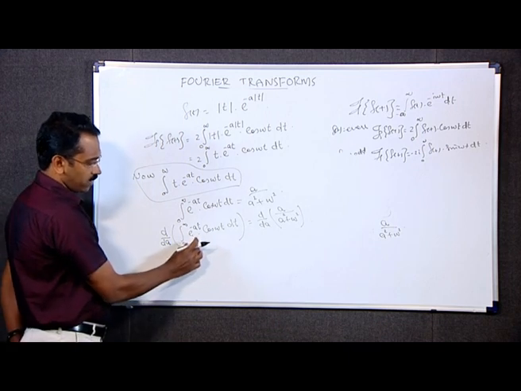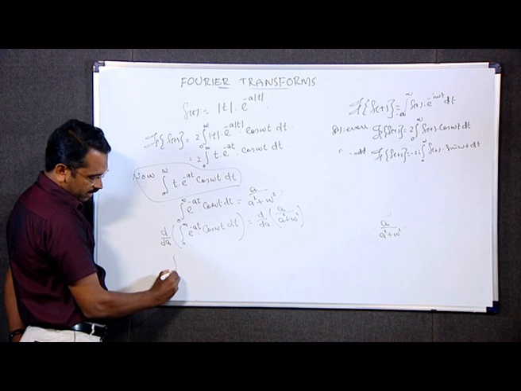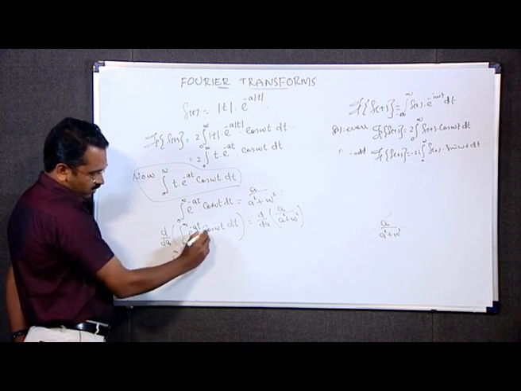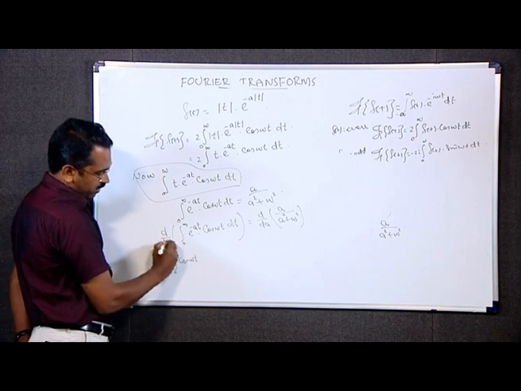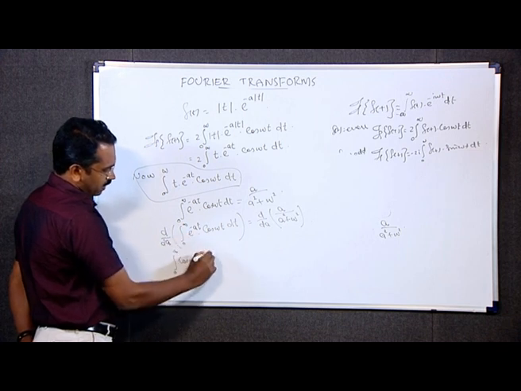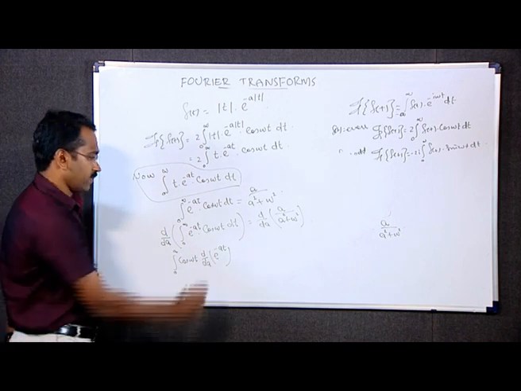That is, here we can write this as the integral from 0 to infinity of cos omega t into d by dA of e raised to minus a t, dt.